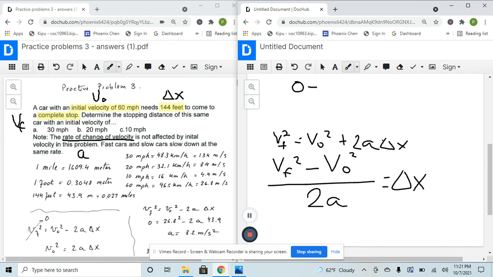In this case, now it's 30 miles per hour. 30 miles per hour converted into meters per second is 13.4, squared, and that's going to be all over 2 times acceleration, which we solved for earlier, and that's 8.2 meters per second squared.